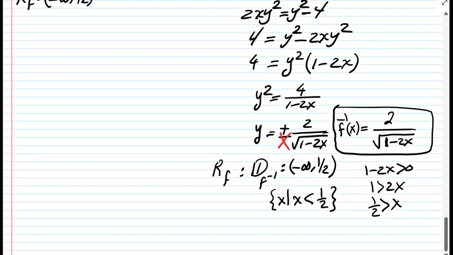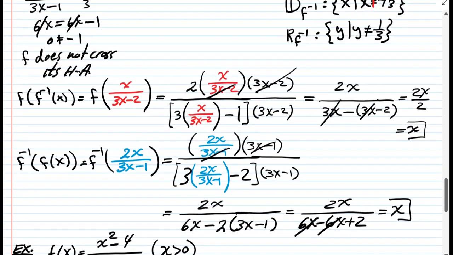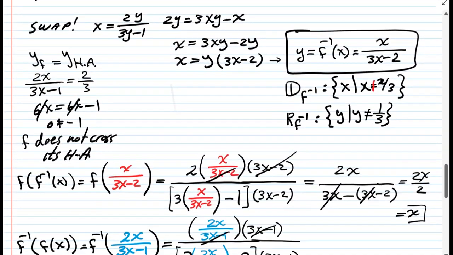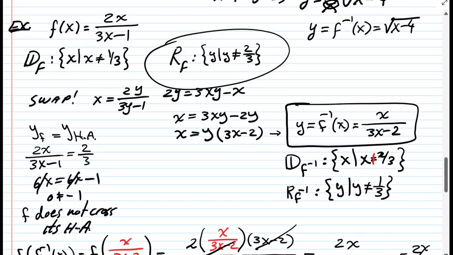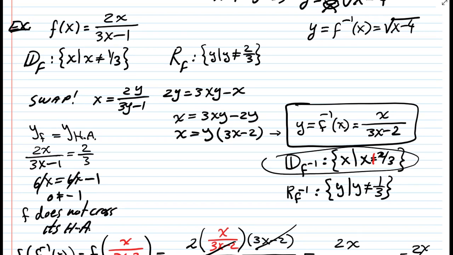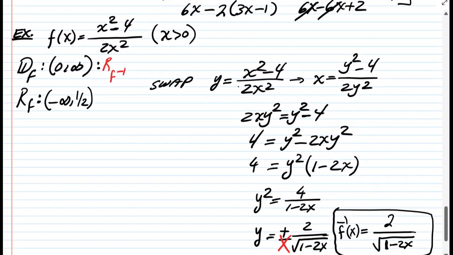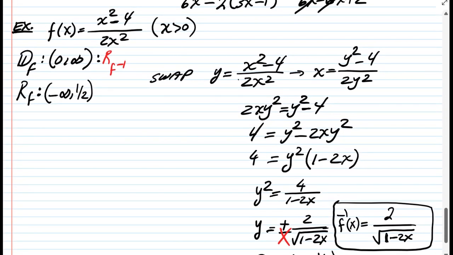It's much easier to swap out these ranges and domains when they are in interval notation as opposed to when they are written using x, because if we use x, then we end up with what we have up here. You see that? That's because we kept the set builder notation. We could have done the same thing using interval notation up here as well, but now I have it down here for your reference.